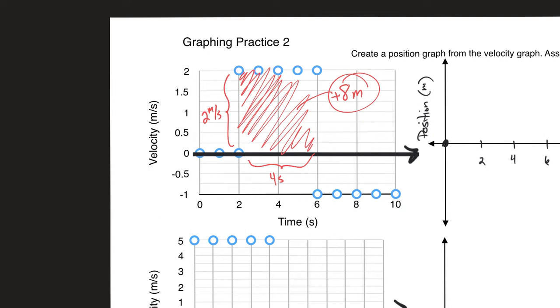There's another section here, though, so I'm going to take a look at the other section. That's here. It has a width of 4 seconds as well, but it has a height of -1 meter per second. So in trying to figure out the displacement over this interval, -1 times 4 is going to be -4 meters.